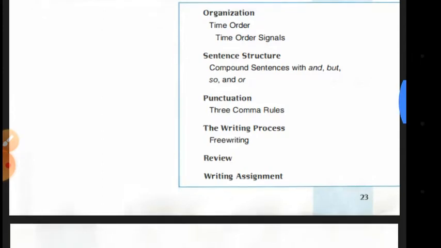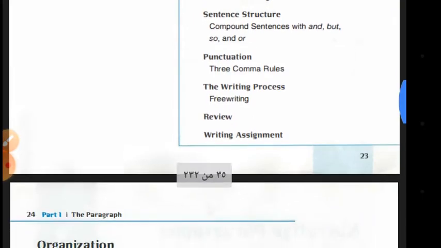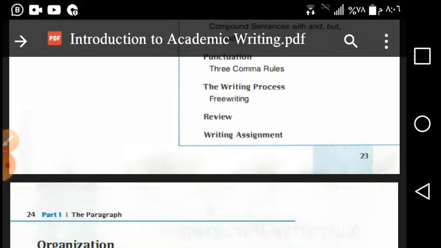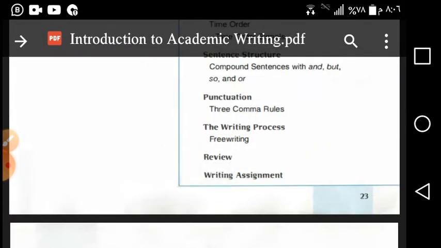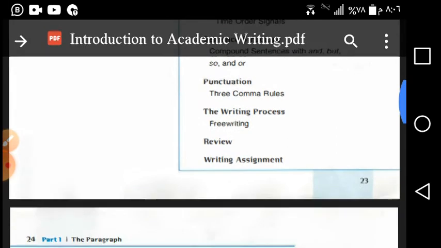Punctuation, علامات الترقيم, rules of comma, قواعد الفاصلة الثلاثة. And the writing process, one of which is called free writing.